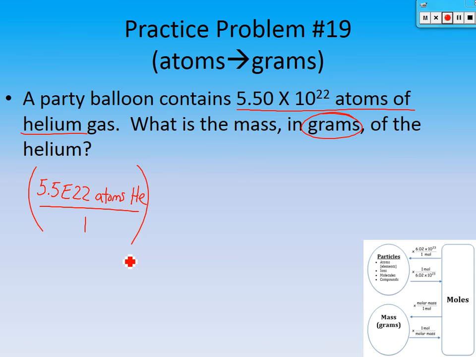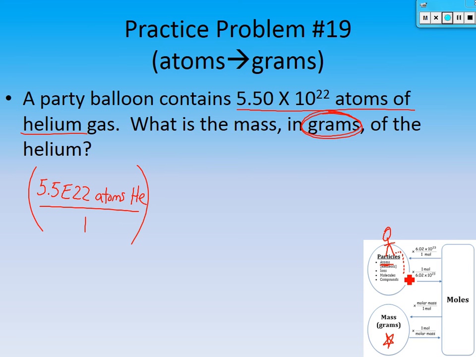Okay, now step 3. Let's come down to the roadmap and see where we're at. If it gives us atoms, where are we now? Atoms is right here, so we're in the particles circle. And where's our destination? Down here to grams. So I'm going to draw a star there. Again, there's no shortcut. We've got to go through moles. So which bridge should I cross first, guys?